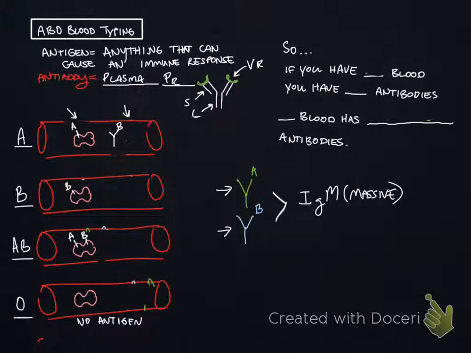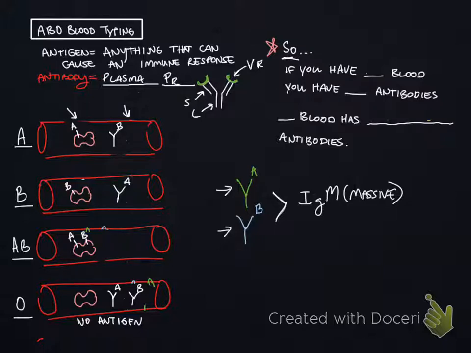With type B blood, it would have an anti-A antibody. What about with AB blood? No anti-A or anti-B, because then it would attack its own red blood cell. What about with type O? Well, we have no antigen, so we have anti-A and anti-B antibodies. So I want you to ask yourself these questions and be able to answer those.